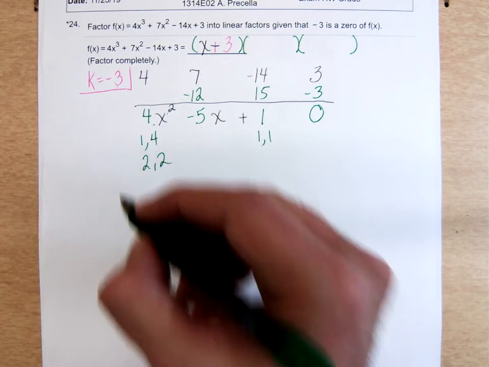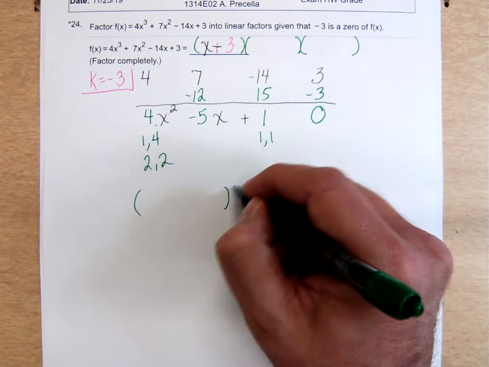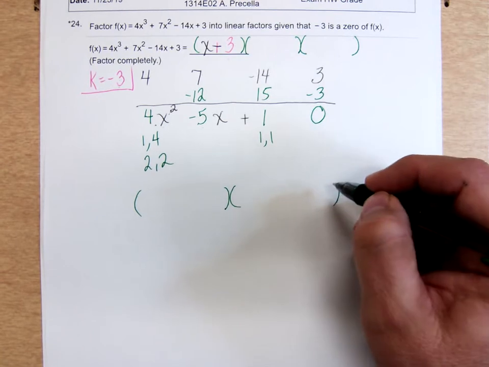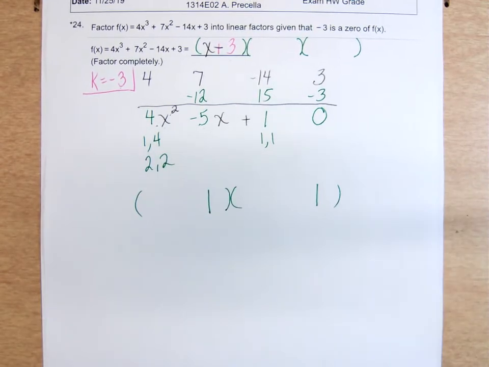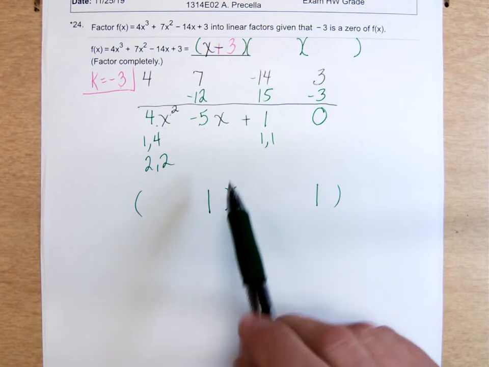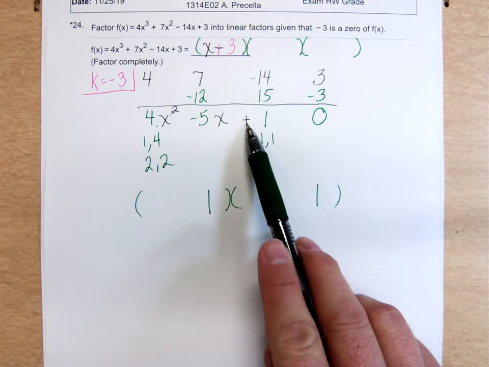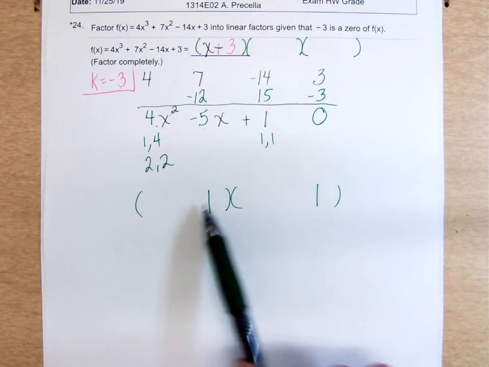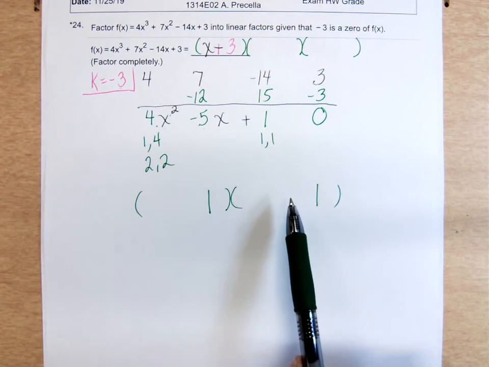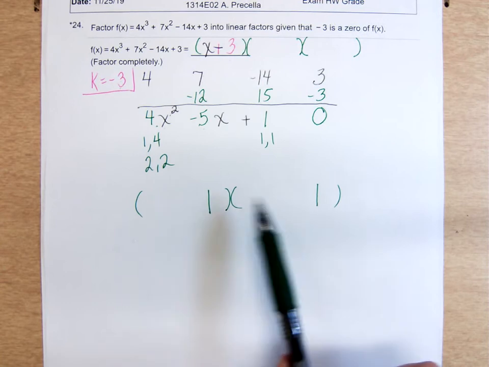So I'll draw my 2 sets of parentheses. I'm going to go ahead and fill in those 1s. 1 times 1, that's all it can be. What about the signs? Can I fill them in already? Second sign is plus, so in order to get a positive, you're either going to have positive times positive, or what's the other possibility? Negative times negative.